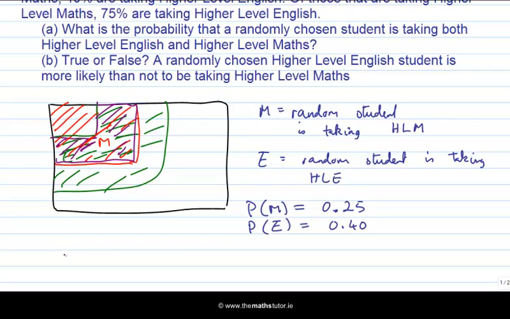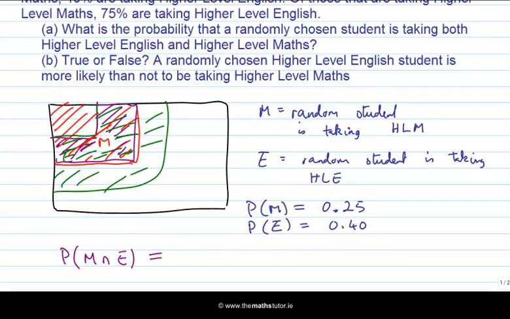So what we want is the probability of M intersection E, the overlap, right? Or the probability that a randomly chosen student is taking higher level maths and is taking higher level English. So remember, intersection really corresponds to "and" in this context. And so what do we know?